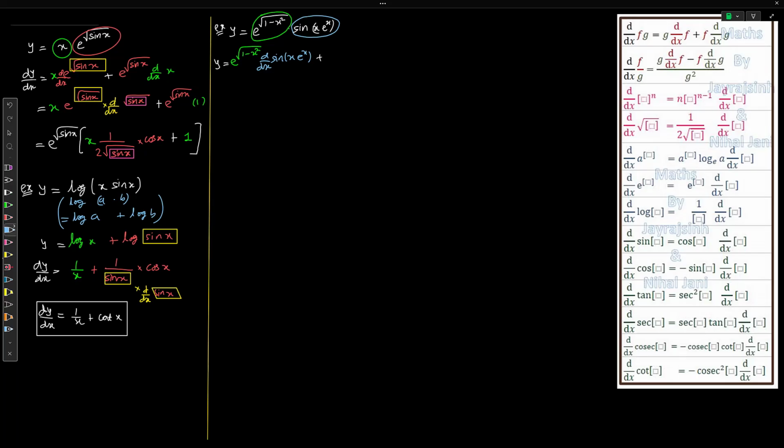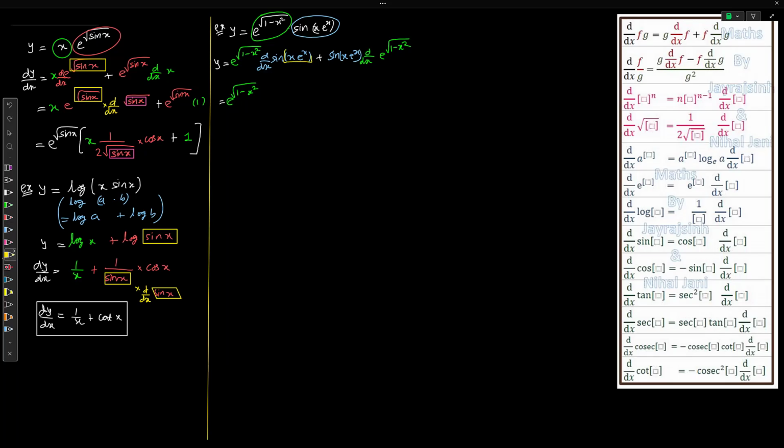Plus sin x e raised to x as it is. Differentiation of the second term, which is e raised to root 1 minus x square. Okay, let's go. e raised to root 1 minus x square as it is. Differentiation of sin box.